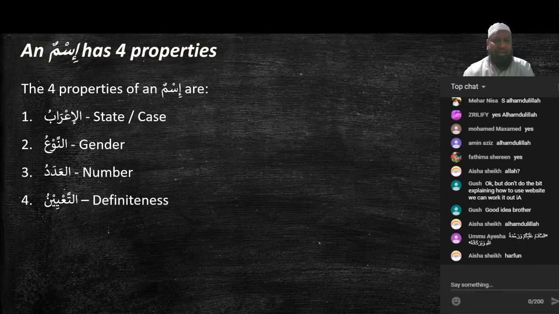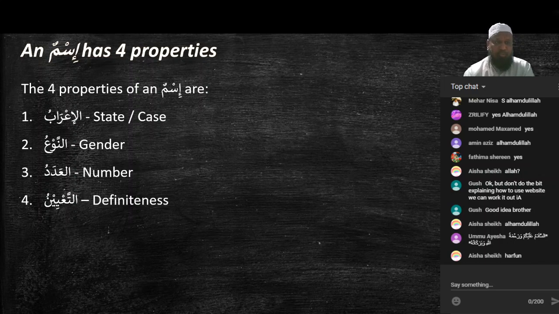An ism has 4 properties. The 4 properties of an ism are: number 1, الإعراب. Number 2, النوع. Number 3, العدد. And number 4, التعيين.